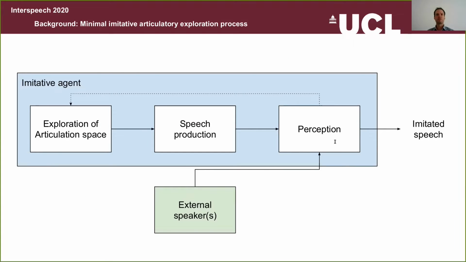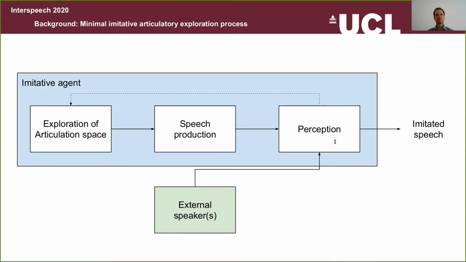A minimal process for articulatory exploration is shown here. The process requires an input speech sound from an external speaker and would be capable of three distinct sub-processes: articulatory exploration, speech production, and perception. Firstly, perception of the input speech and production stage is likely multimodal, involving auditory, tactile, and visual information, and we assume that perception may drive articulatory exploration to some extent.